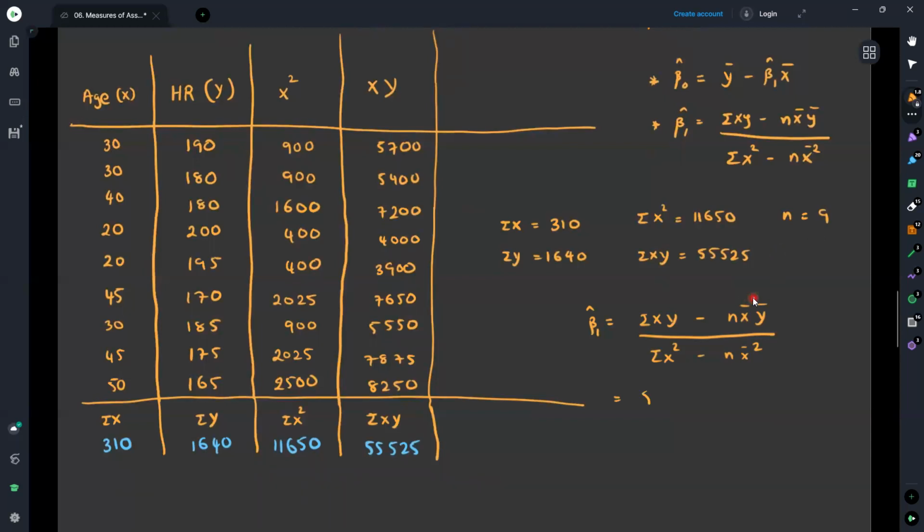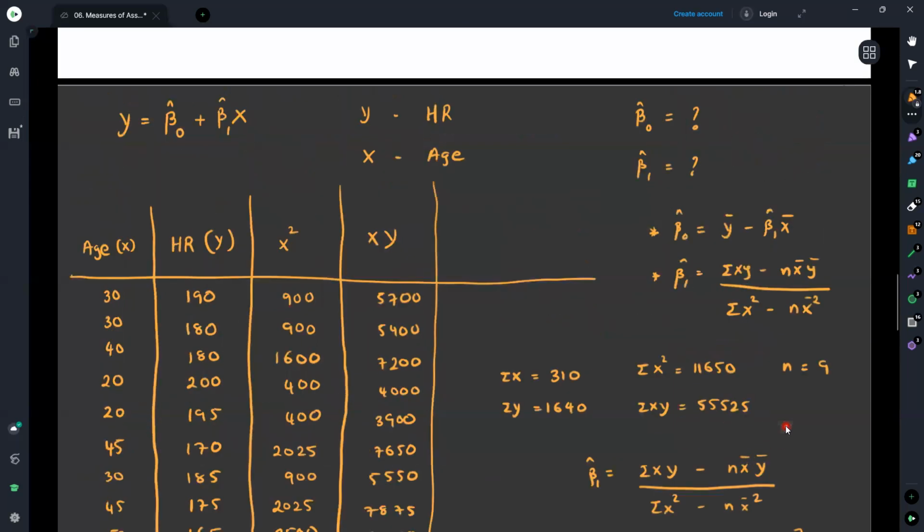Summation of xy is 55,525 minus value of n, which is 9. Then for the value of x bar, without using decimal values, I am using fractions to have more accurate calculations. So 310 divided by 9 is the value for x bar.